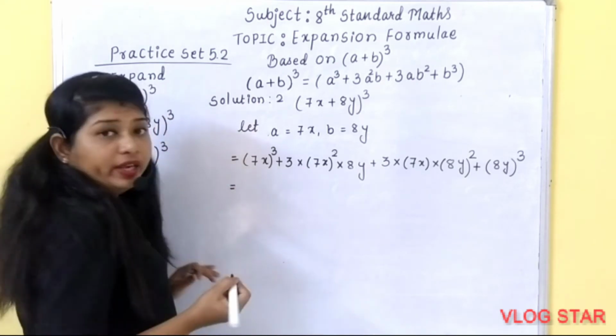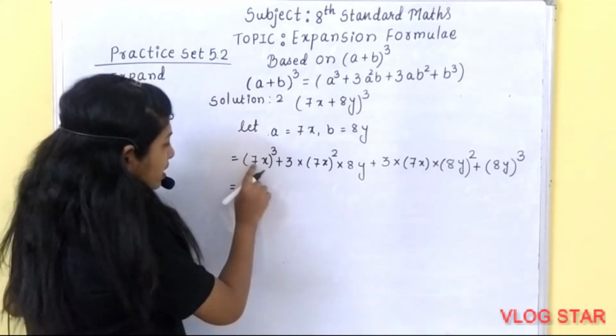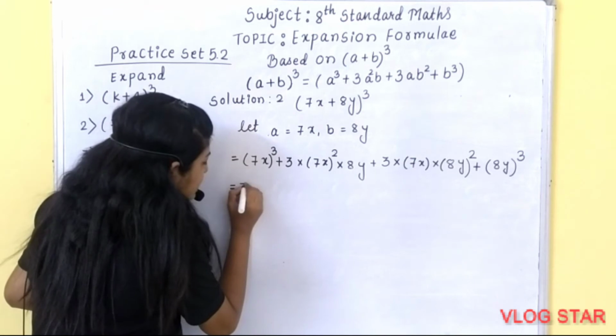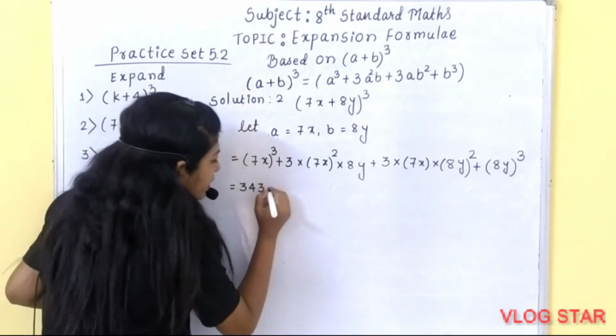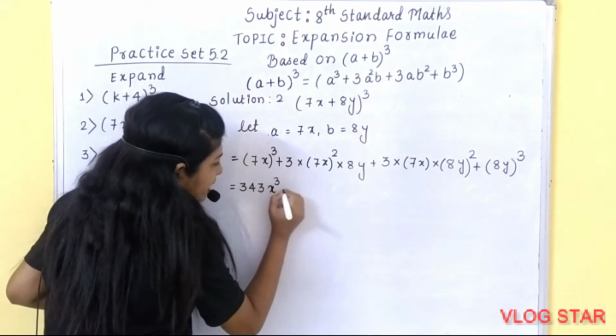Next step is what? We have to take here 7 cube. What is 7 cube? 343. x cube is x cube. Am I right?